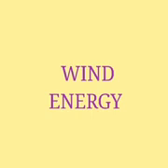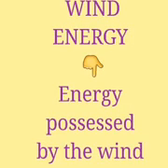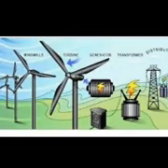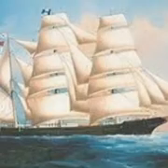Okay, now we learn about wind energy. What is wind energy? Energy possessed by the wind is known as wind energy. Okay, now we learn about uses of wind energy. Windmills use wind energy to generate electricity. Ships sail by the power of wind.